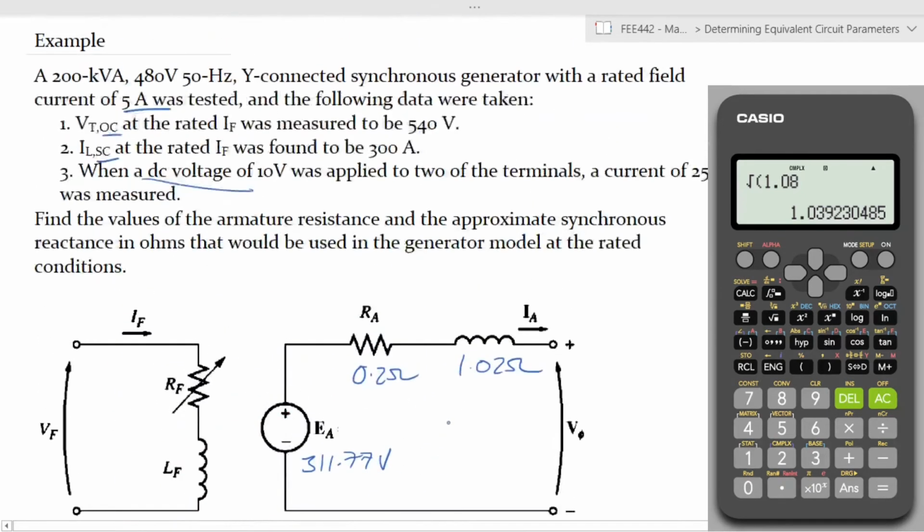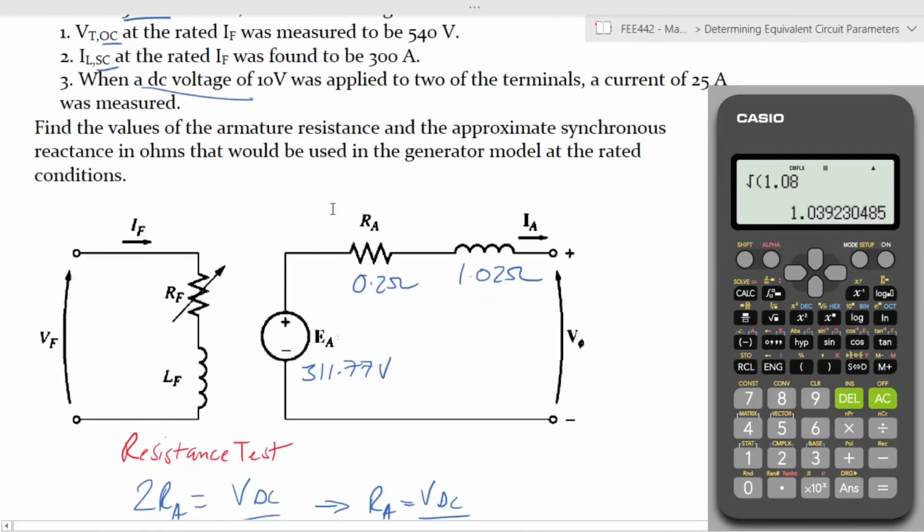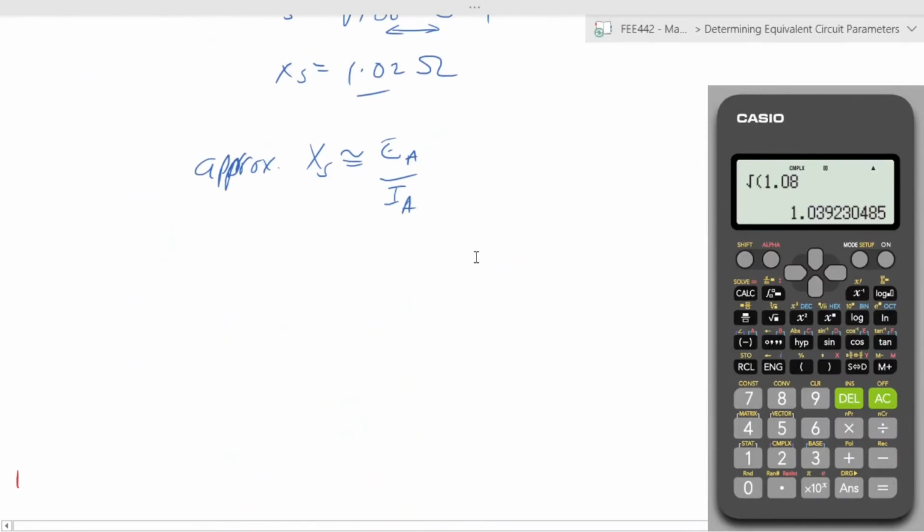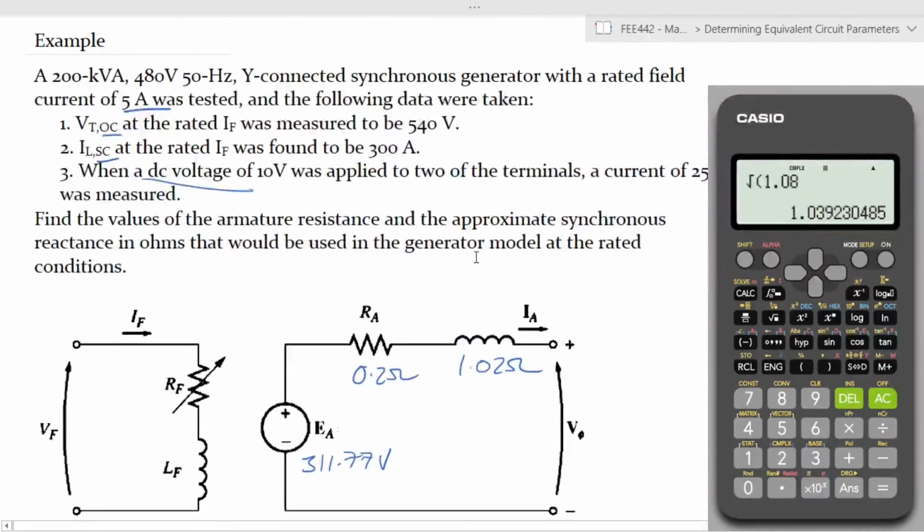In terms of calculations, the value of RA will not make too much difference when you're determining the value of the synchronous reactance, although it may be necessary during other types of calculations. So that's that on the determining of circuit parameters, or finding the equivalent circuit of our synchronous generator.